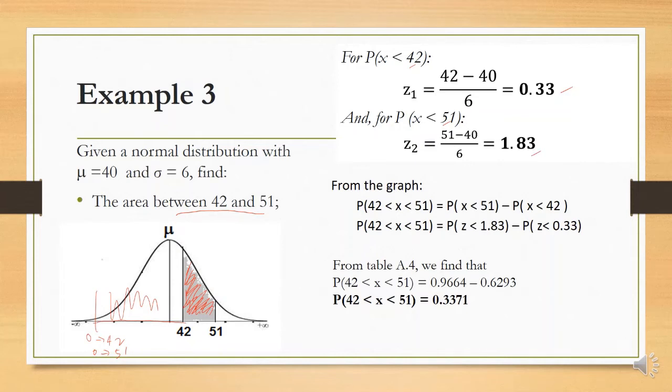The notation would be, kapag between is the 42 less than x less than 51, and then to translate that, para mabasa natin yung table, we need kasi yung less than we subtract yung 51, we subtract yung 42 from the 51. Okay? Bakit nangyari yon?